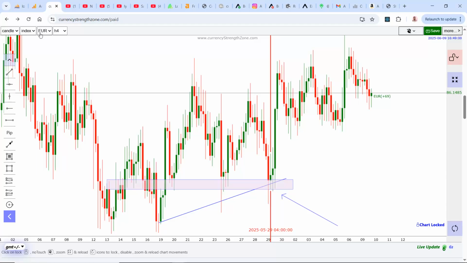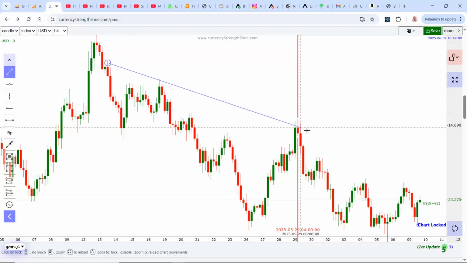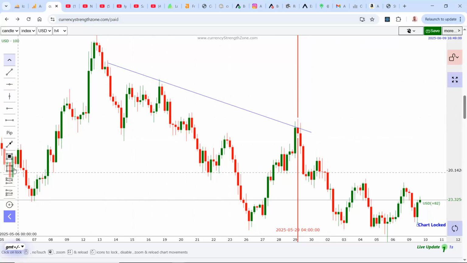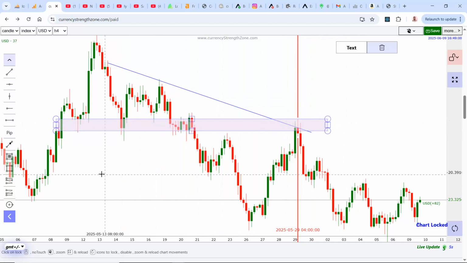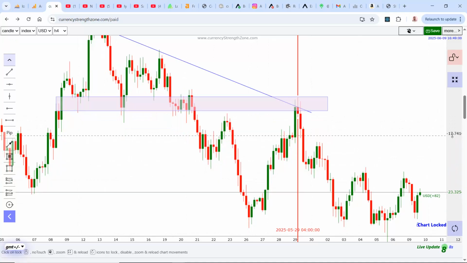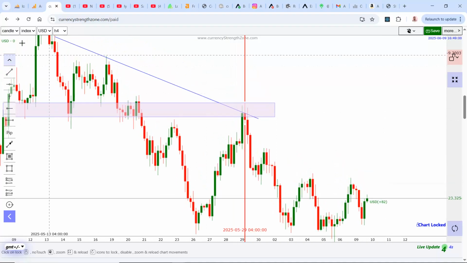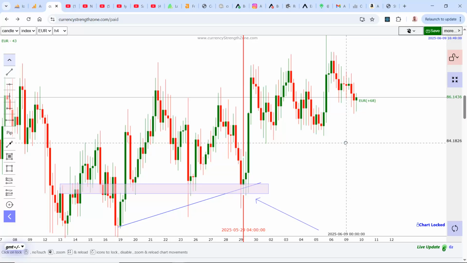Our USD has some sell setup, some trend line, and we have a support and resistance zone where price usually bounces from. So the dollar index is willing to sell, the Euro index is willing to buy.